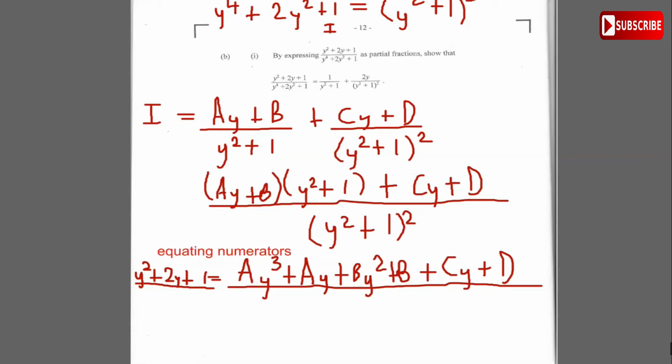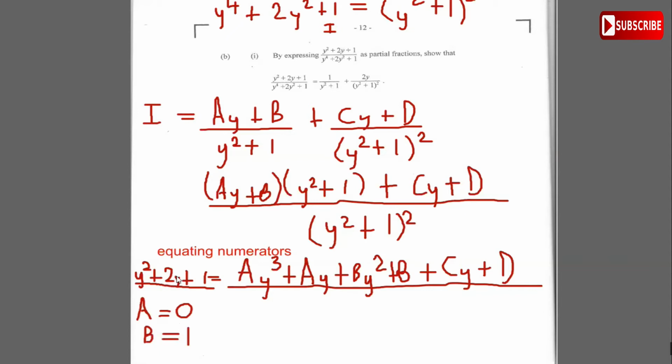So equating the numerators, what do we notice? We notice there's no y cubed over here, and so clearly a is equal to 0. If a is equal to 0, then equating the y squared terms, we're going to get b equal to 1, clearly.